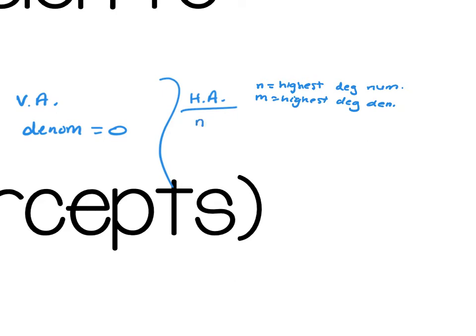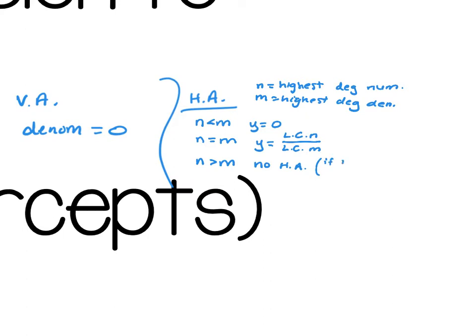If n is less than m, then your horizontal asymptote is y equals 0. If n equals m, then your horizontal asymptote is y equals the leading coefficient of the numerator over the leading coefficient of the denominator. And if n is greater than m, there is no horizontal asymptote.